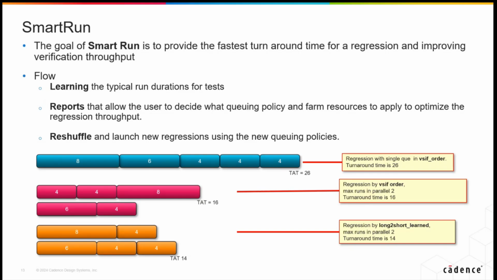Imagine as you're running regression, we're collecting all this information and we're building a model from it as well. So that when you say, okay, I want to kick off my jobs, but I want to absolutely hit the fastest possible wall clock time in getting my regression results.